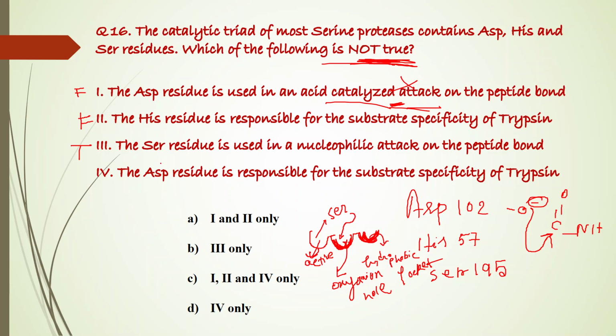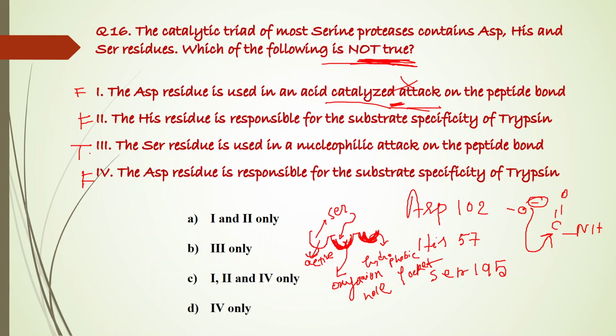Coming to the last one, it says the aspartic acid residue is responsible for the substrate specificity of trypsin. Again, as I said, any one amino acid residue will not be sufficient for ensuring the substrate specificity. All of the factors have to be taken care of for substrate specificity. So again, the fourth option is a false statement, like statement 2.